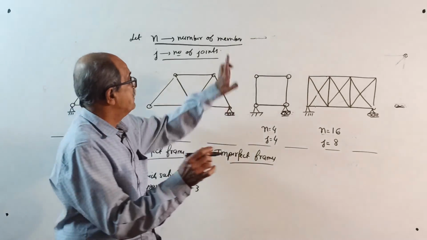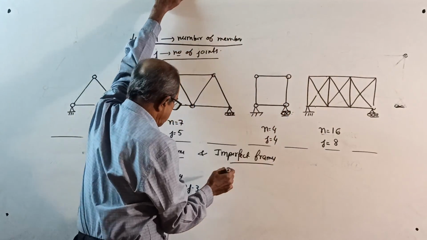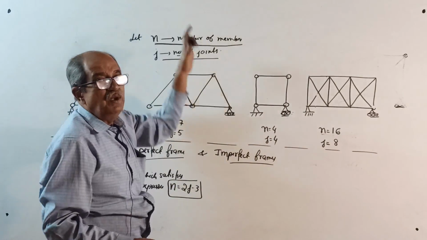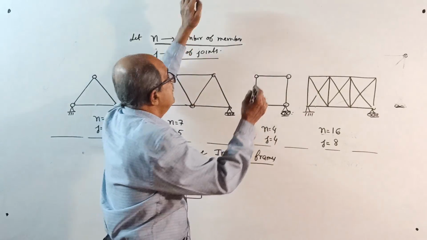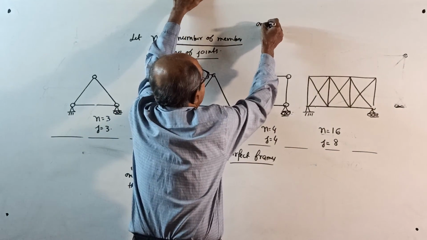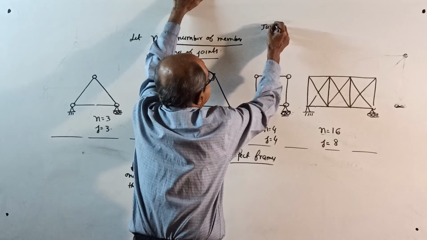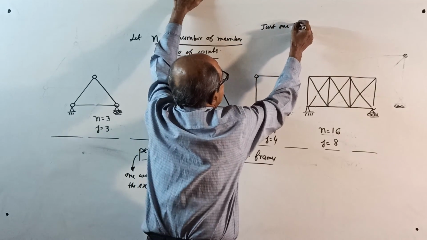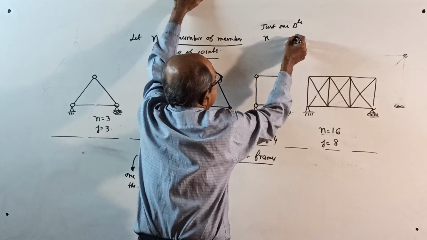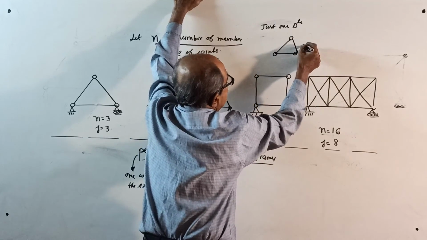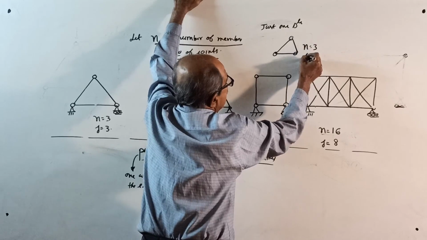Simple. First observe, I am telling you how this expression came. First, consider one triangle. Number of members is 3, number of joints also 3.